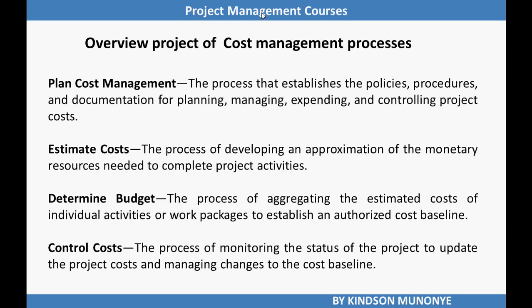Estimate cost is a process of developing an approximation of the monetary resources needed to complete project activities. Determine budget is a process of aggregating and estimating costs of individual activities or work packages to establish an authorized cost baseline. Remember, the cost baseline is a component of the project management plan.